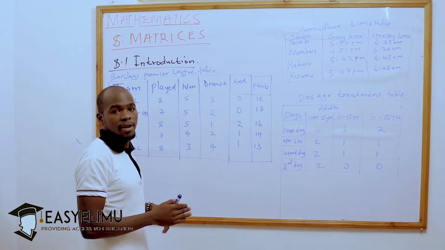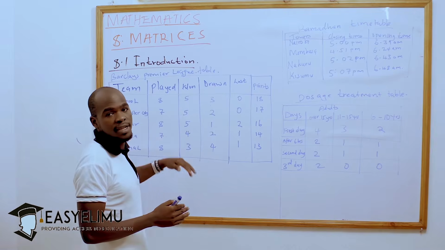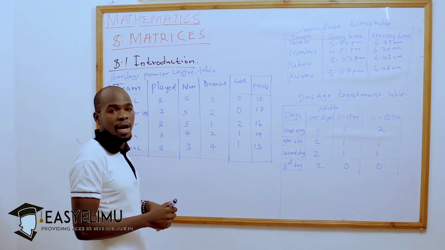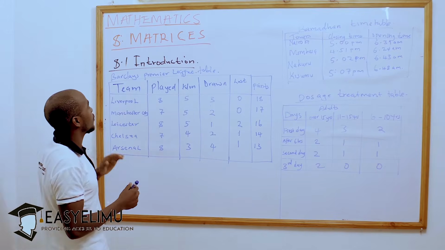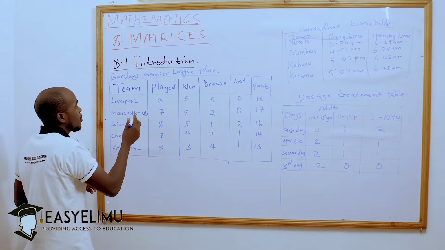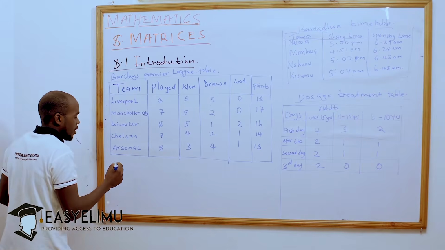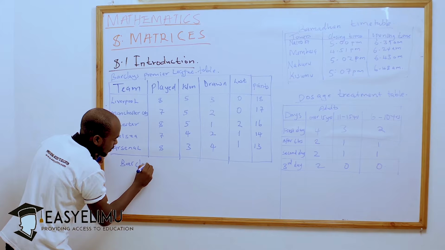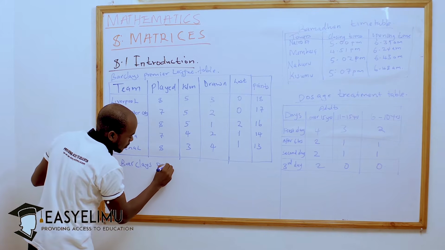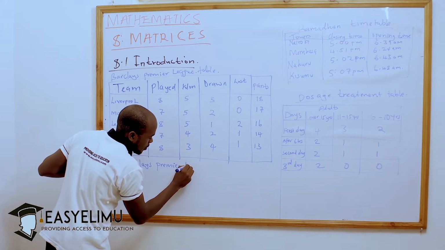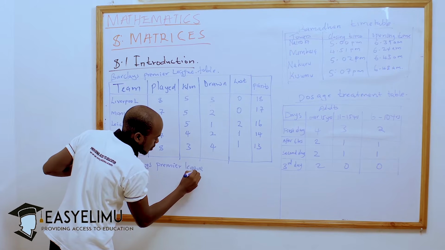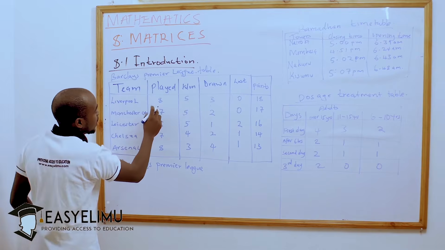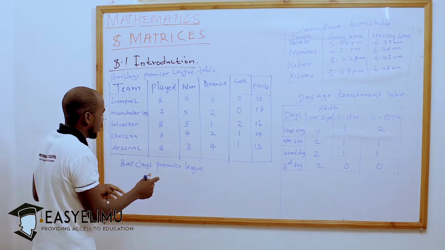So long as we understand the headings, we can omit them and represent our information in matrix form. For example, for the Barclays Premier League information, we just represent it the way it is.